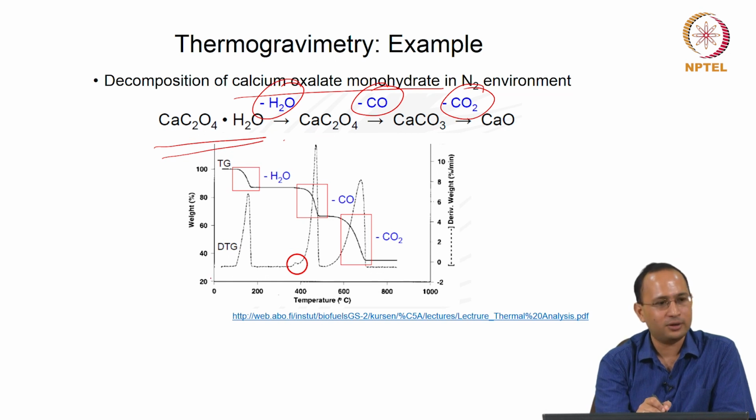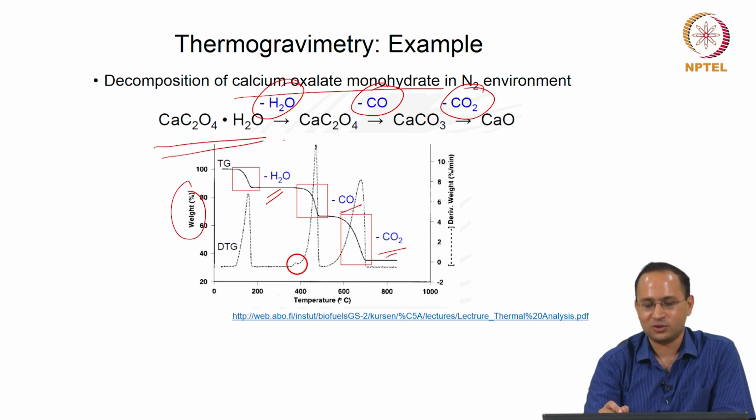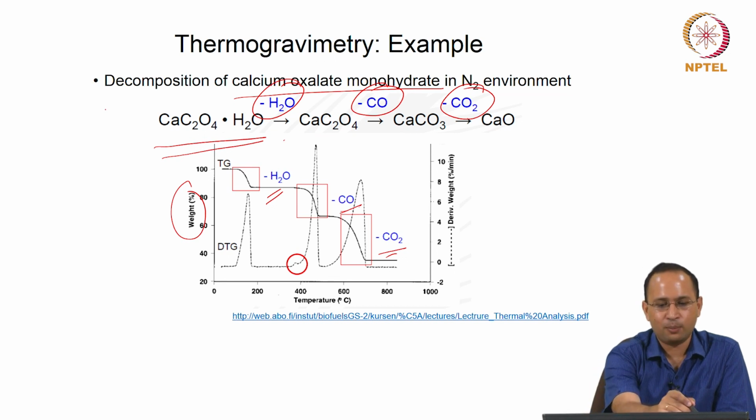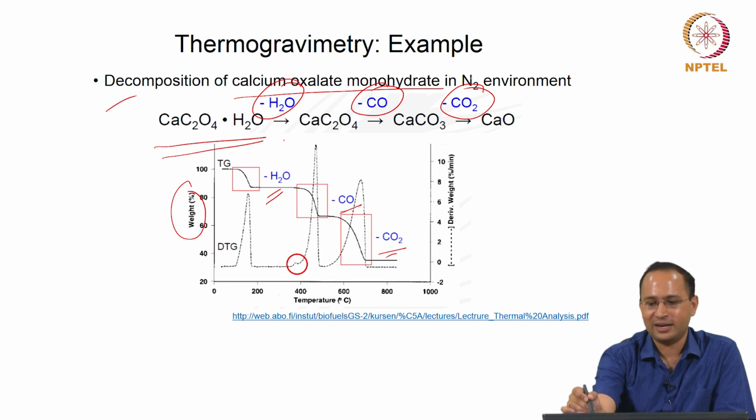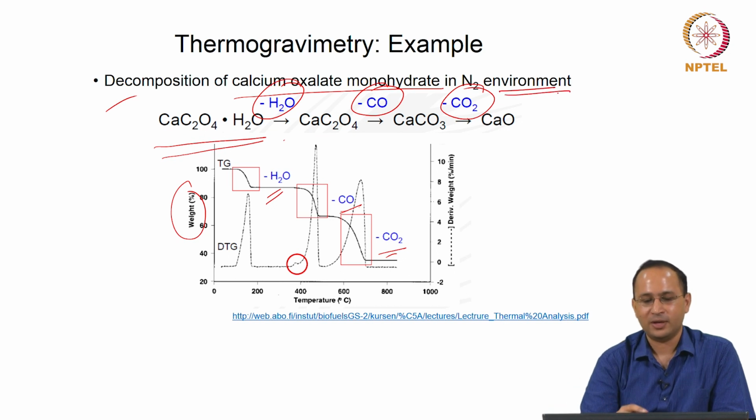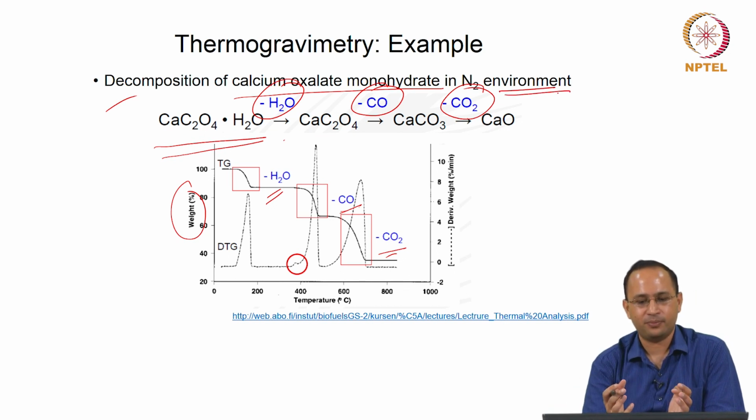When you look at the curve, you see the first stage is loss of water, the second stage corresponds to loss of CO, the third stage corresponds to loss of CO2. This is the decomposition of calcium oxalate monohydrate in a nitrogen environment. That is the significance or power of TG.